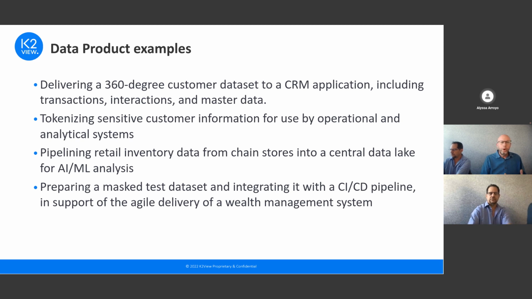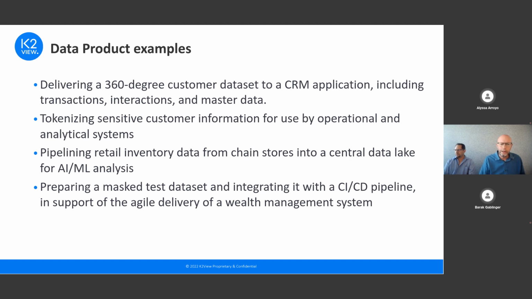For example, when I'd like to deliver a 360-degree customer data set to a CRM application, and I'd like to provide a complete view of the customer, including master data, transaction data, interaction data, this is one example of a data product. Another would be to tokenize sensitive customer information to be used by operational and analytical systems.